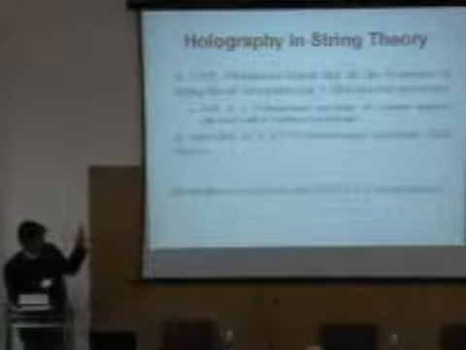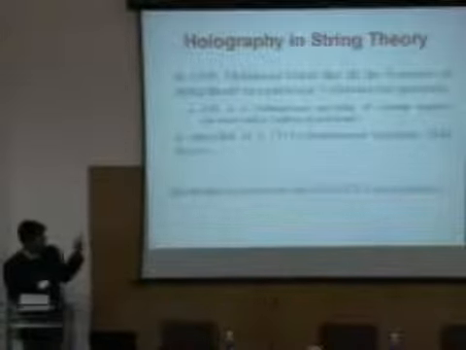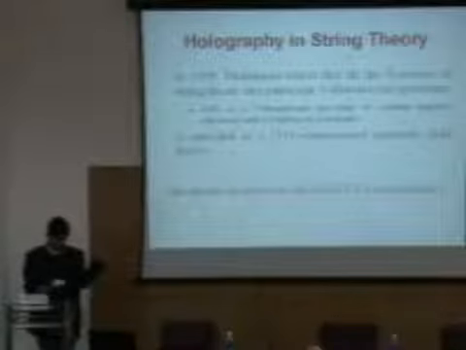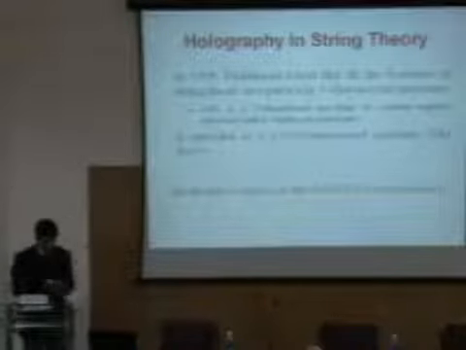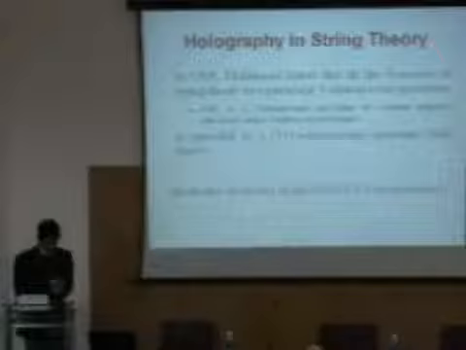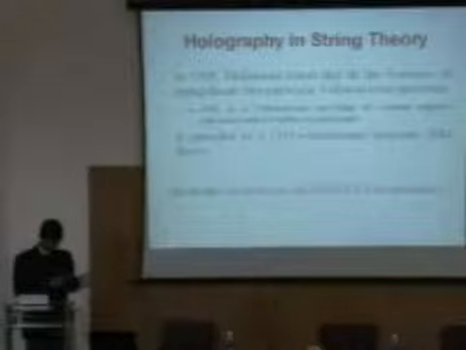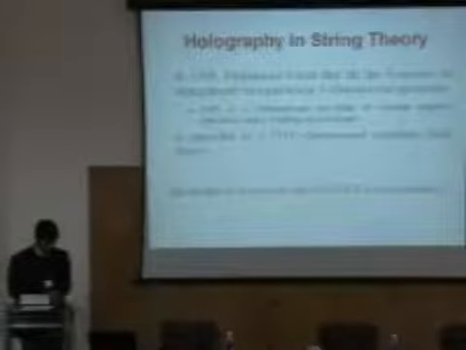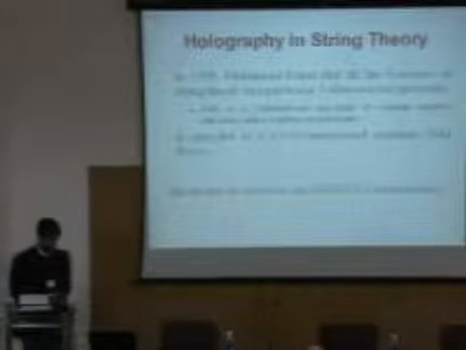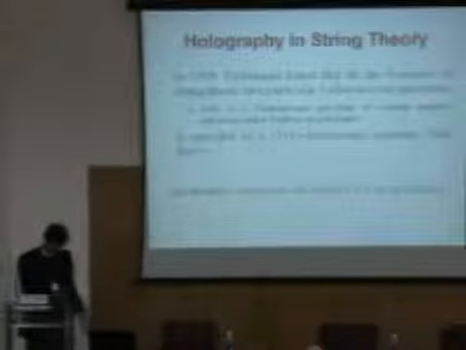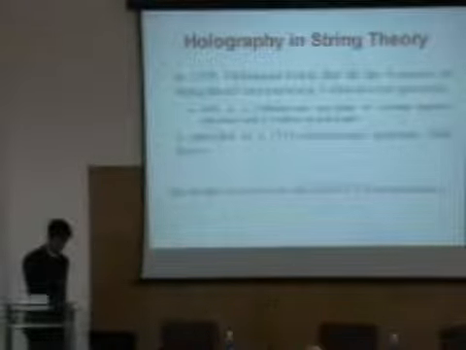Here I'm counting space and time, so 3 space and 1 time dimensions, and five-dimensional space has 4 space and 1 time. The space is just a space-time of constant negative curvature. So all the dynamics of quantum gravity in this five-dimensional space is in fact encoded in the 4-dimensional quantum field theory on the boundary.